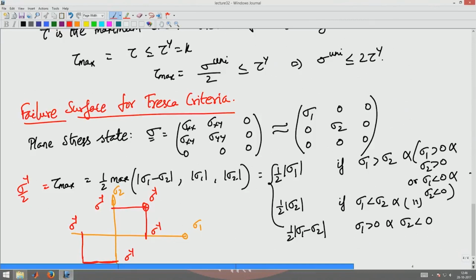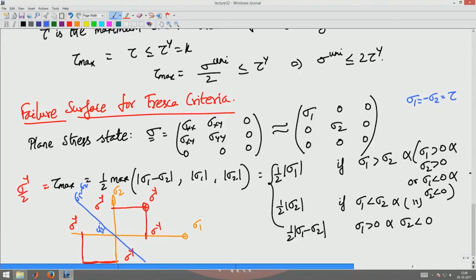Basically, let us look at a special case wherein I was interested in pure shear. Pure shear is a case wherein sigma 1 is equal to minus sigma 2 equal to tau, wherein I had tension and compression coming in different directions. Since the magnitudes of tension and compression are the same, that will represent a 45-degree line here, where sigma 1 is minus sigma 2.